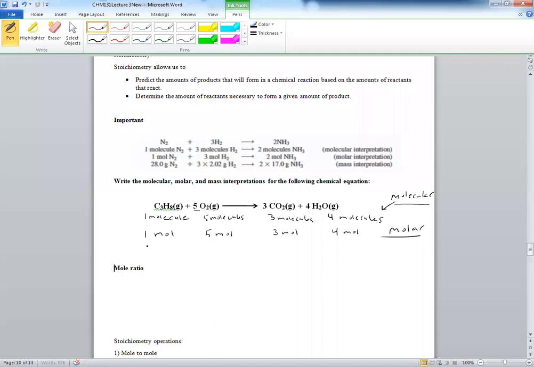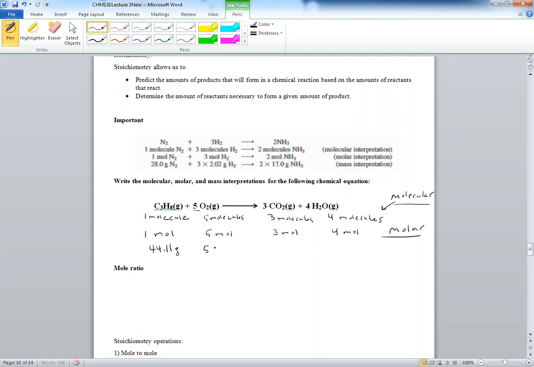You have 1 mole of this, so you would have to find the molar mass, which would be 44.11 grams.